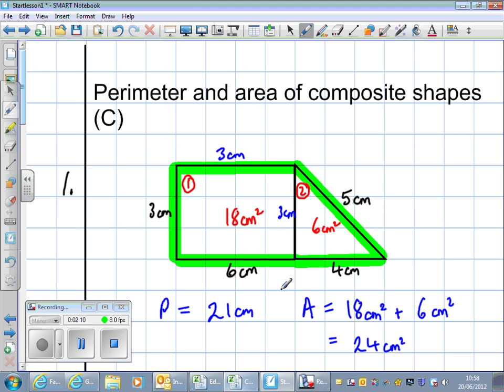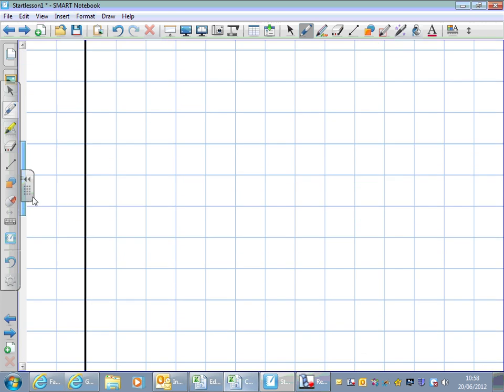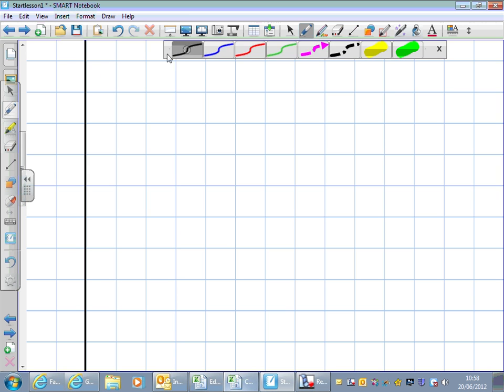Now, why would I classify this as a simpler example? It's because they've broken it down for you. Let's look at shape 2.